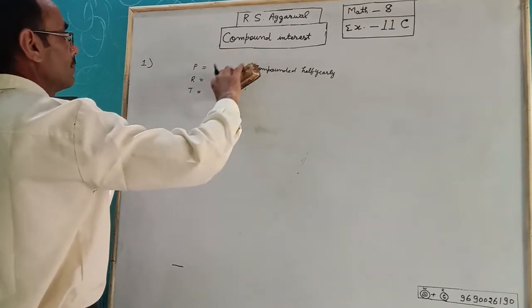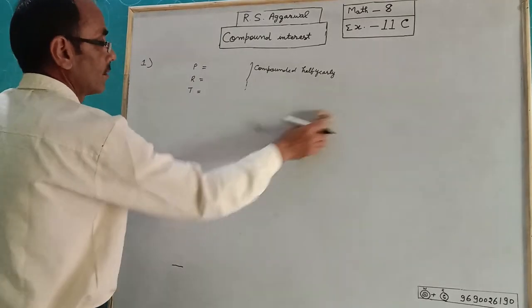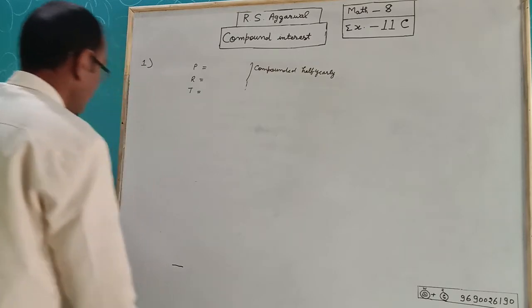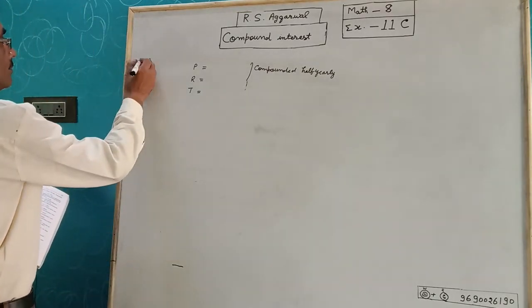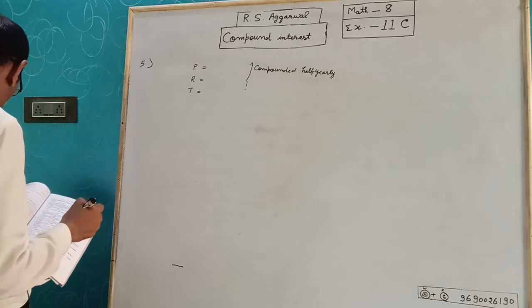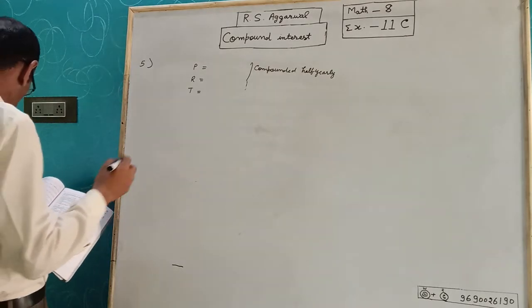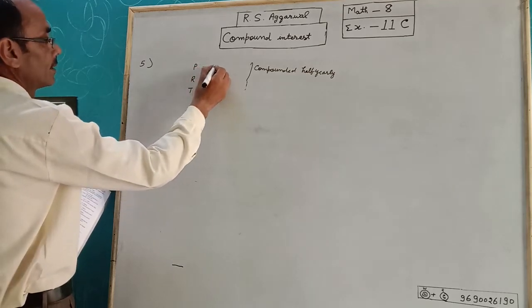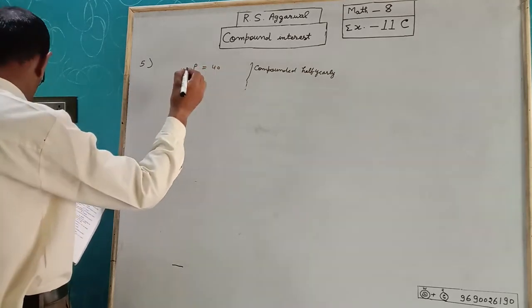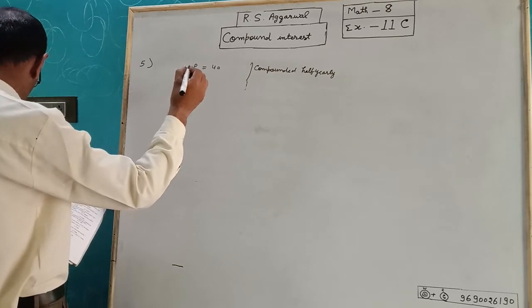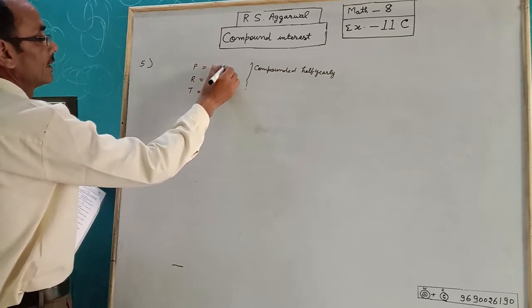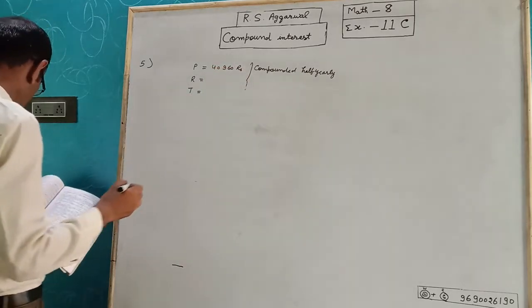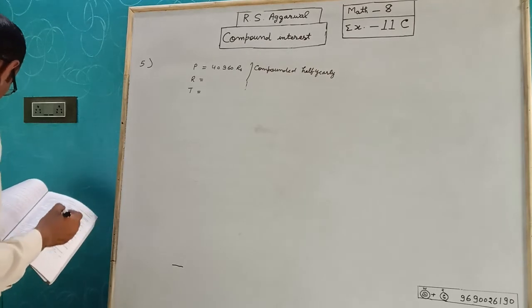In question number 5, all questions are half yearly and quarterly. Swati, P will be 4,40,960 rupees.